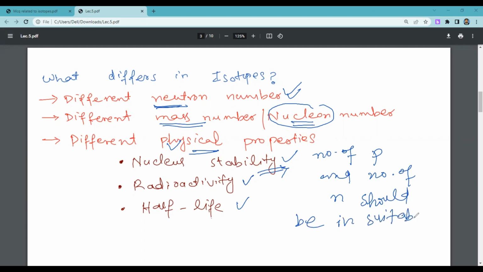In other words, if the number of neutrons is greater or far greater than the number of protons, then the nucleus will be unstable and it disintegrates. It means that the phenomenon of radioactivity will occur, and due to this phenomenon of radioactivity, half-life also differs in isotopes. I hope this is clear.